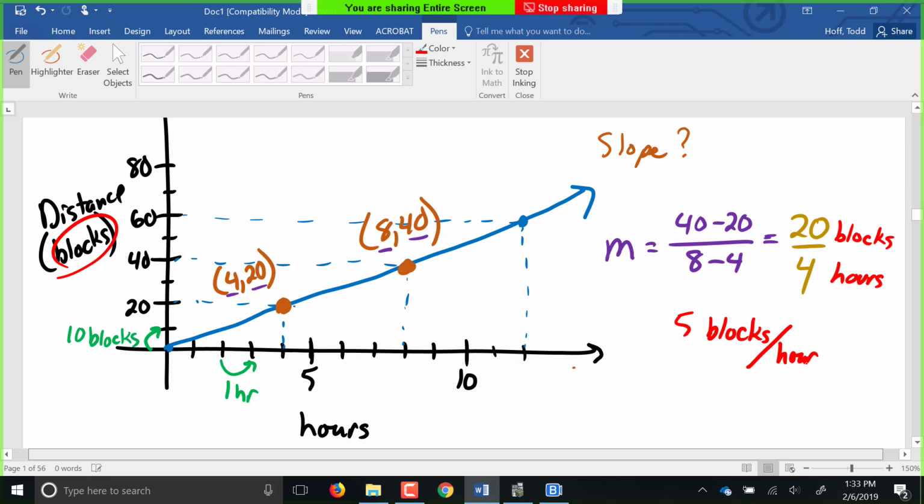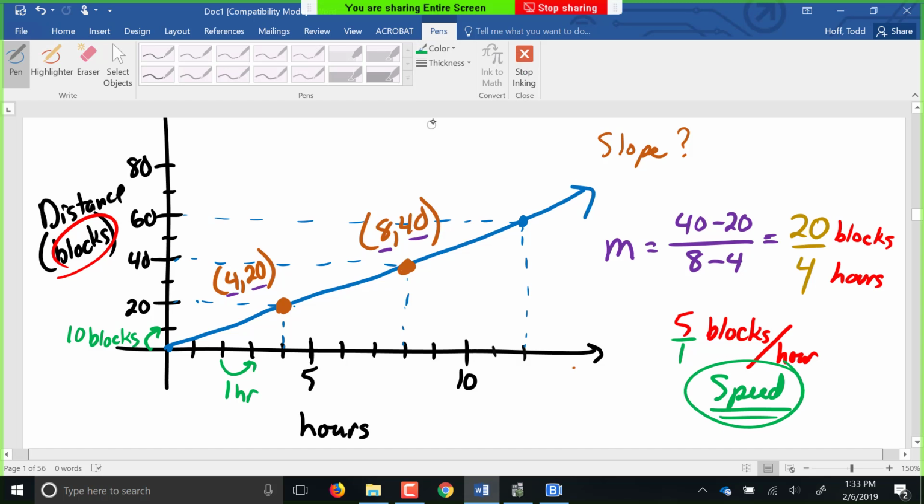Notice how I wrote that, 5 blocks per hour. That looks an awful lot like a speed or a rate. It is technically 5 over 1 blocks per hour, or 5 blocks over 1 hour. We hide the 1, kind of the fraction that goes into the unit, so we kind of hide the appearance of the fraction. But that's a speed.